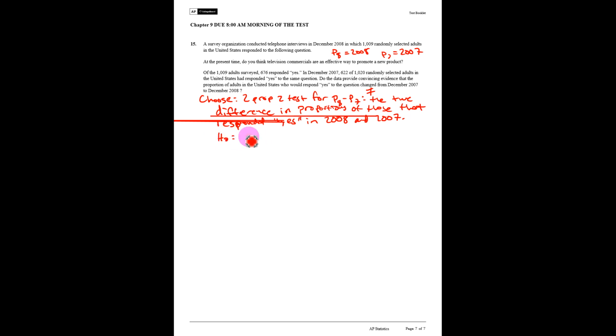H naught: P8 equals P7. Alternative: P8 does not equal P7. We can do this. P hat 8 minus P hat 7 is about 0.06.